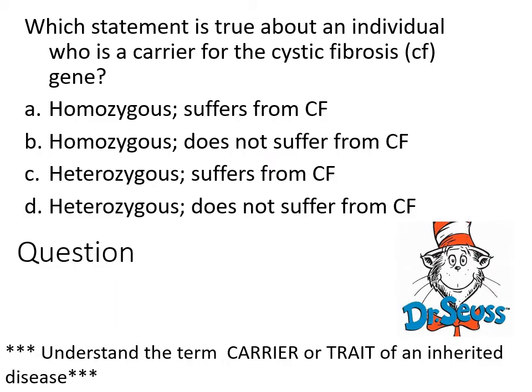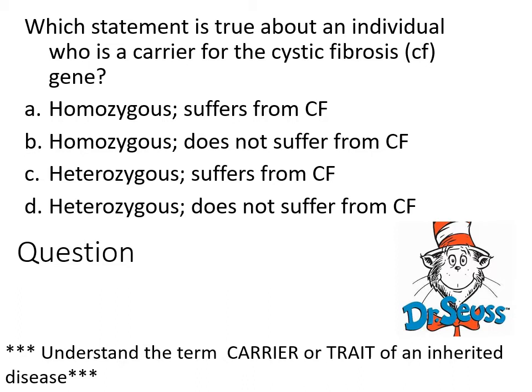Okay, so let's do this question together. Which statement is true about an individual who is a carrier for the cystic fibrosis gene? Okay, so if they're a carrier, it means that they don't have the disease and only one of their alleles is defective. Okay, so the other allele is normal. So automatically they're heterozygous, right?